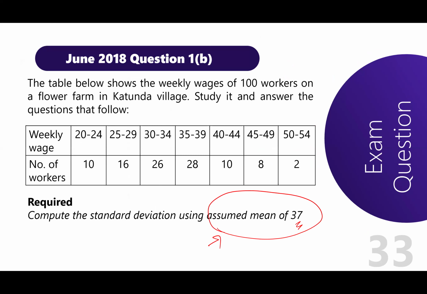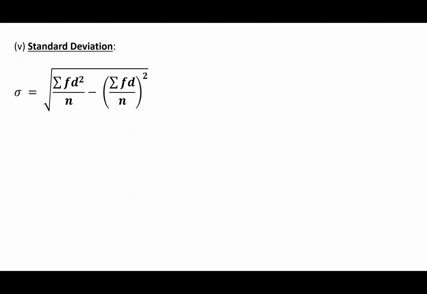So going back to the standard deviation, the formula for calculating the standard deviation is on our screen here. Of course, this is for grouped data because we have frequency there.